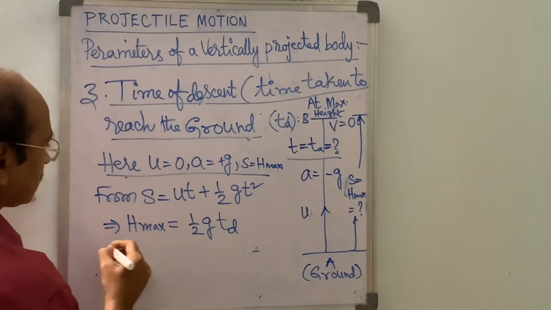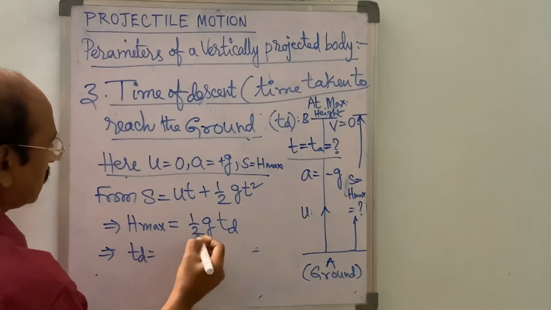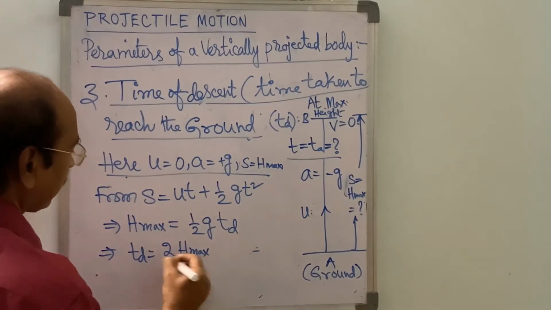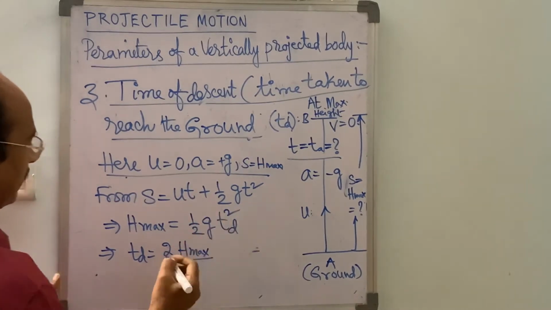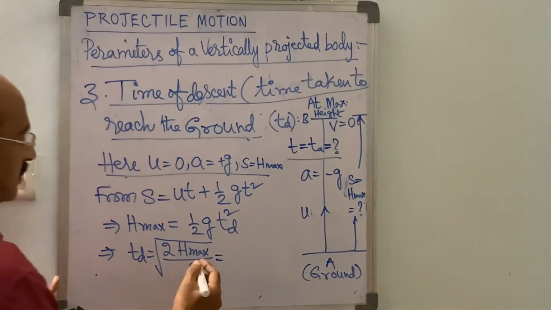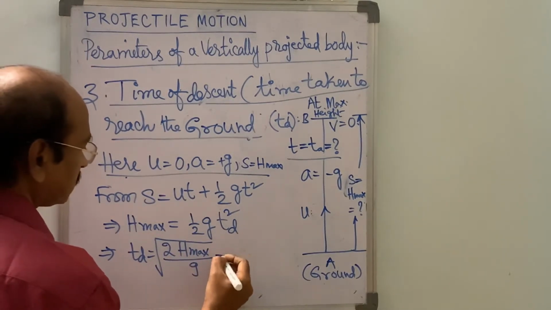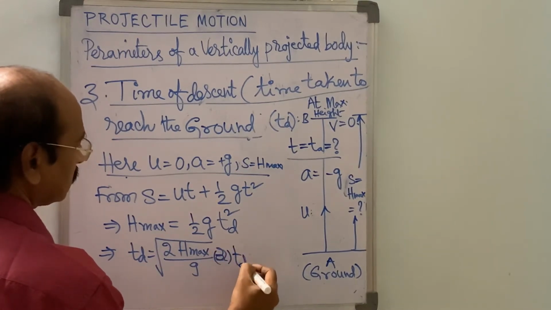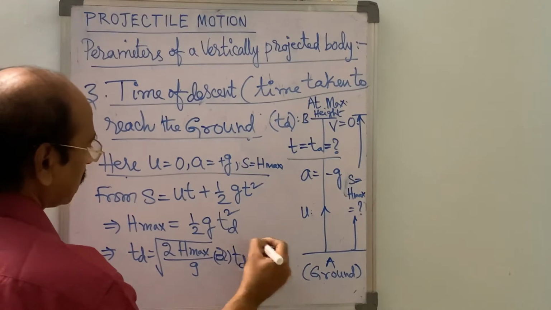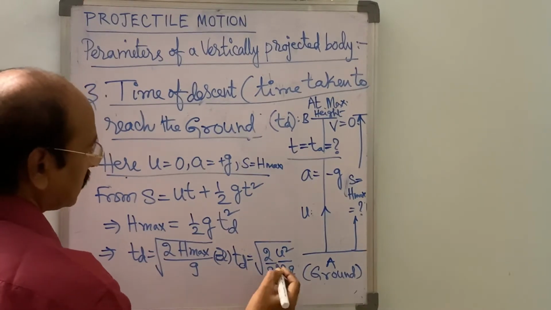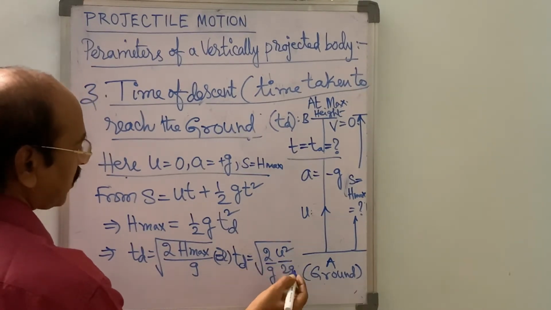Therefore, from this expression td is equal to root of 2 h maximum by g. So td is equal to, but we know that h maximum is u square by 2g. Therefore, root of 2 by g into u square by 2g. 2 gets cancelled, u square by g square.